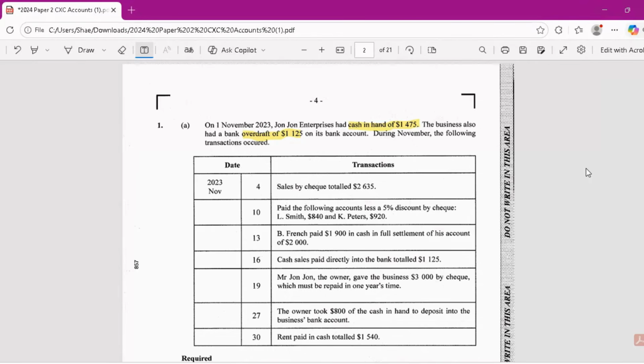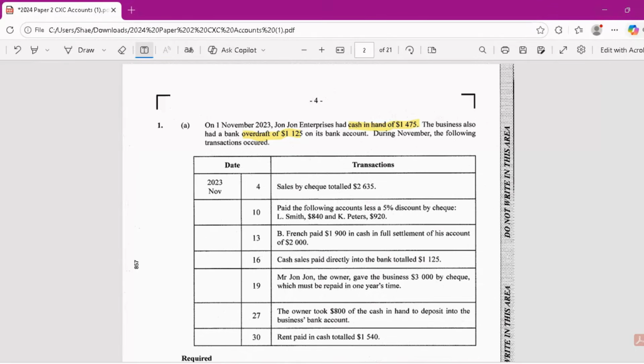So L. Smith, we paid him $840 less 5% discount. The money is leaving the business, so there will be a credit to the cash book. Once there's a payment, it's a credit to your cash book.